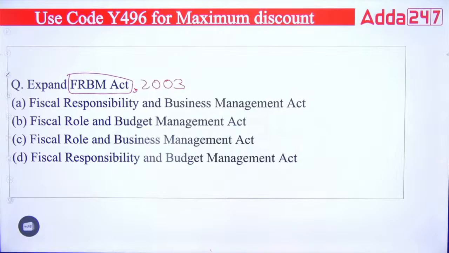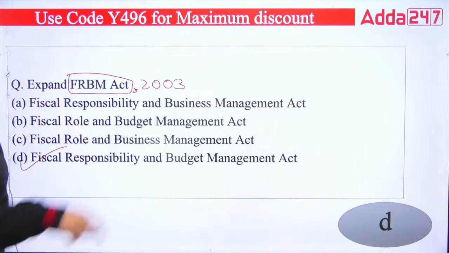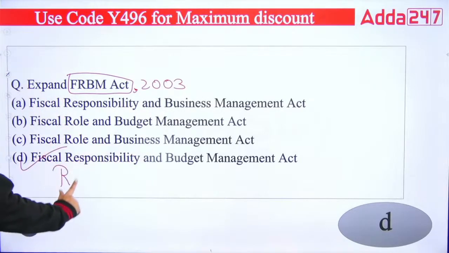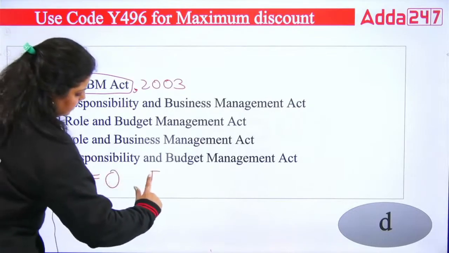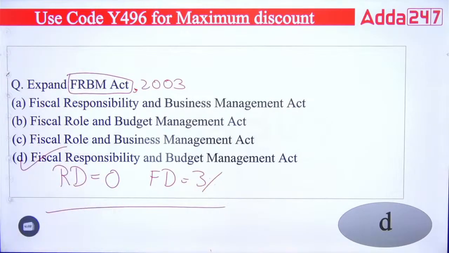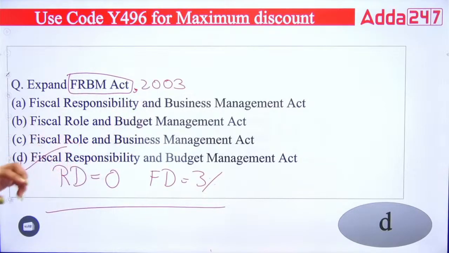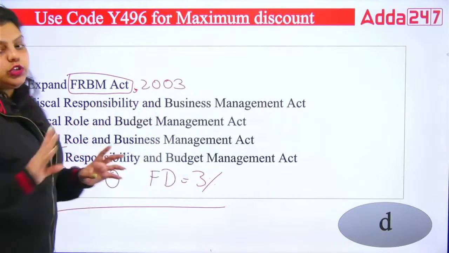The full form of FRBM is Fiscal Responsibility and Budget Management Act, created in 2003. Why was this Act introduced? To make revenue deficit 0 and fiscal deficit 3%. This is the target of the FRBM Act, but we are still not able to achieve it. The target remains that revenue deficit should be 0 and fiscal deficit should be 3%.